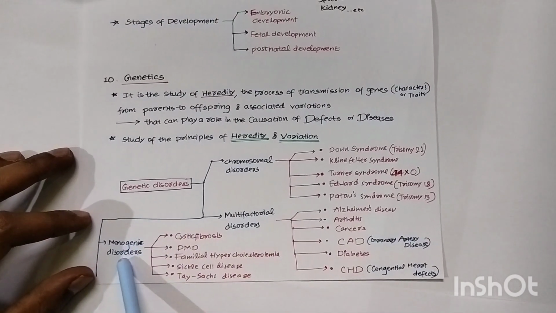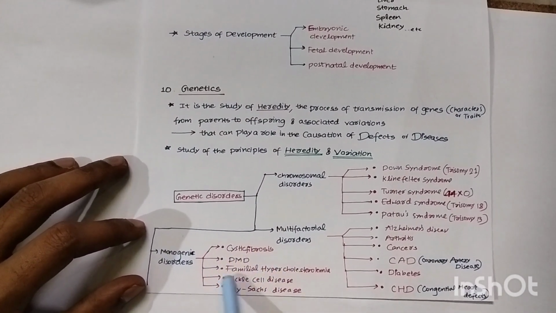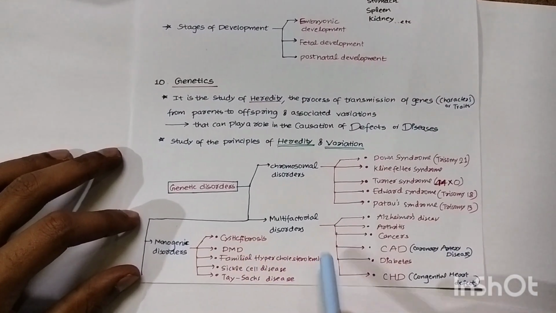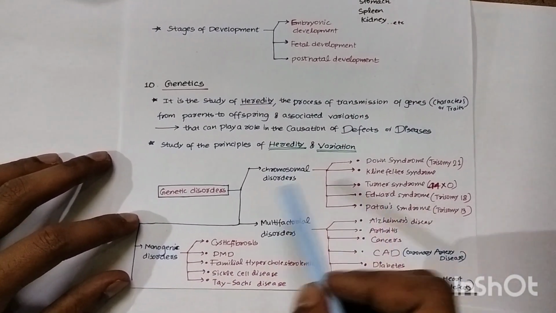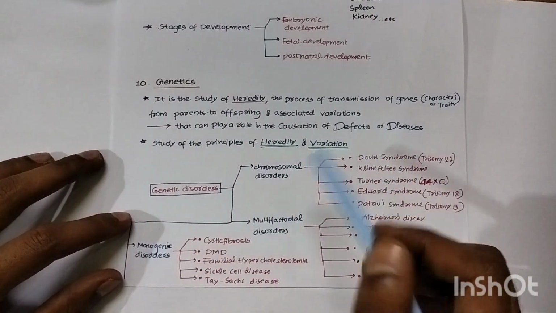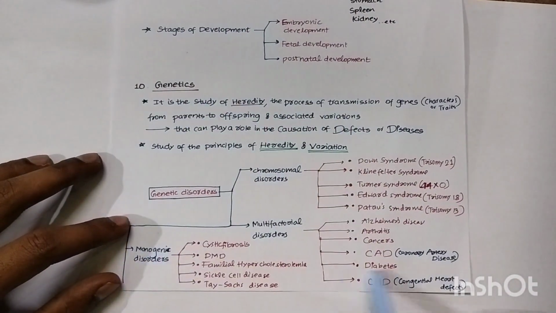Monogenic disorders include cystic fibrosis, DMD (Duchenne muscular dystrophy), familial hypercholesterolemia, and sickle cell disease. With many diseases, you will learn how these traits and genes pass from one progeny to the other, from the father to the younger ones. So this can be studied.